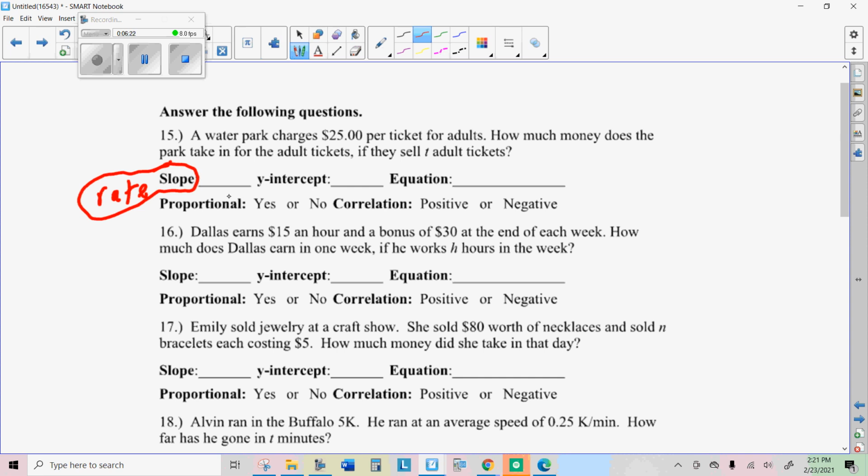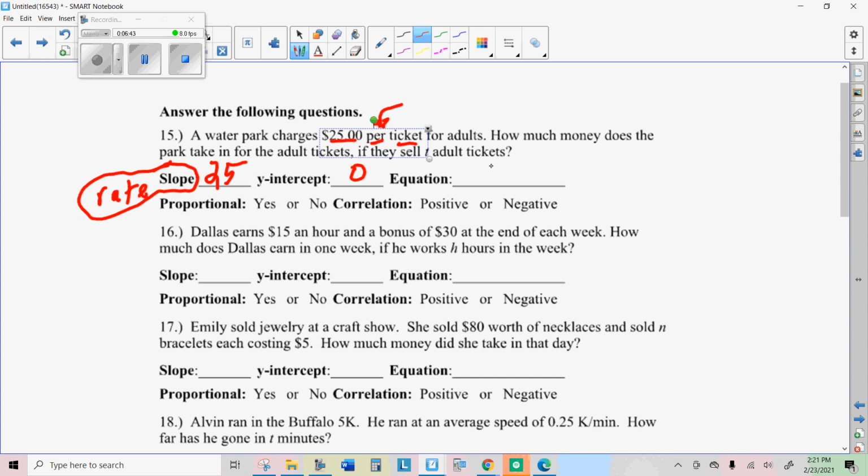Okay? So in this first one, since you have to pay $25 per ticket, that word per is always going to be the slope. So it's $25 per ticket. If you had to pay like a fee to get into the park or something like that, that would be your y-intercept. But since we don't have it, our y-intercept is 0.